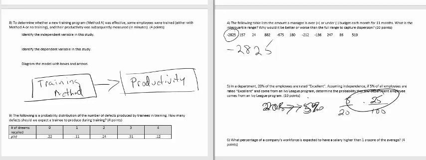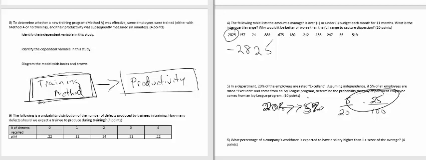Some people were tempted to do training method A and then put no training down here. And you see how that unnecessarily complicates the visual representation. You don't need to do that because no training is a training method. So depending on your training method, that determines your productivity. What's the independent variable? The independent variable is the box with no arrows leading to it.